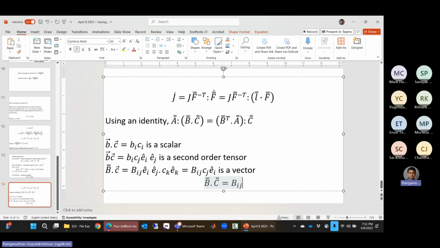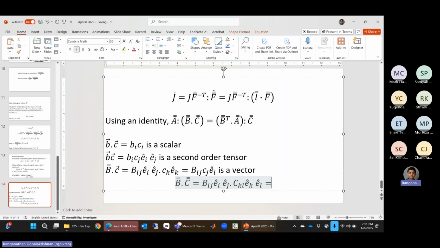B_ij, you need to put e_i e_j, right? And then you have to dot this with tensor C, which we'll write C_kl, and then we have to put e_k e_l.